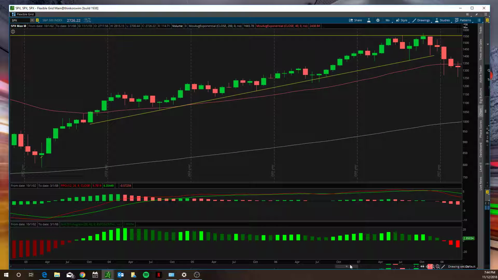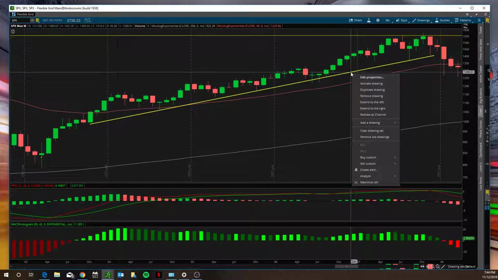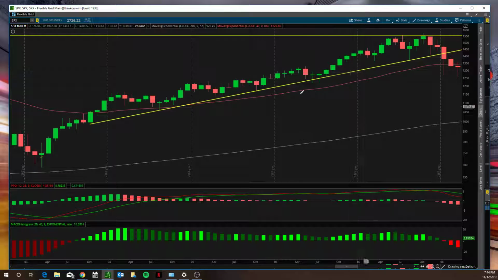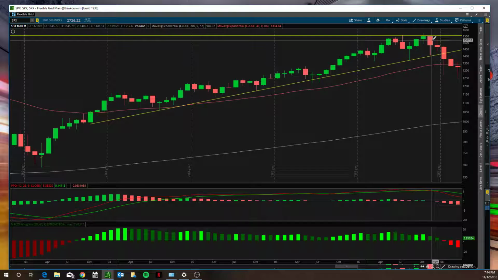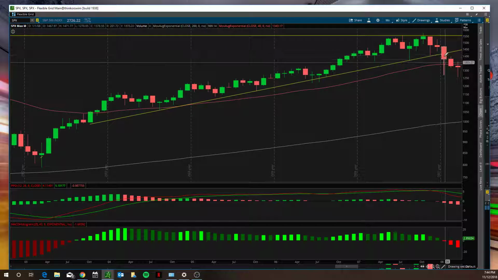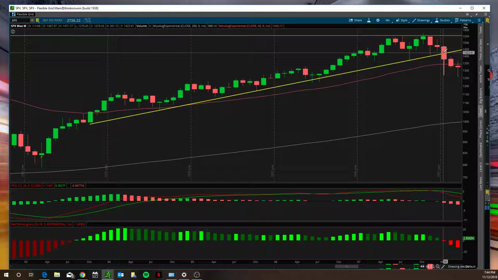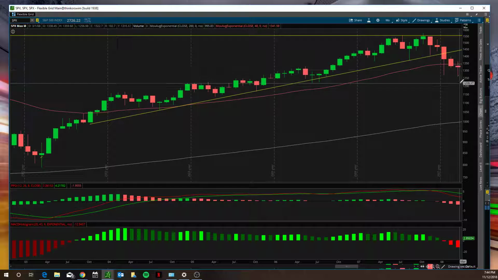So if I push this over and extend to the right, what happens here? We see that boom, one candle crosses this line, and the next candle is there, and this is leading up, look down here at the bottom of the screen, to the 2008 collapse. What do we also see here?